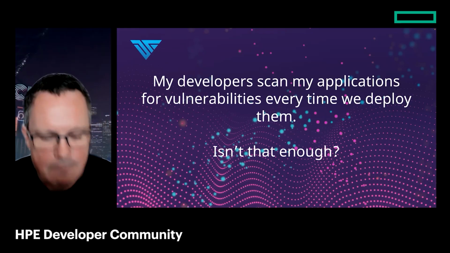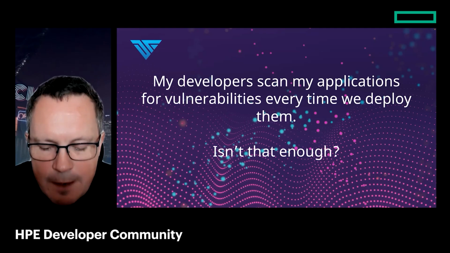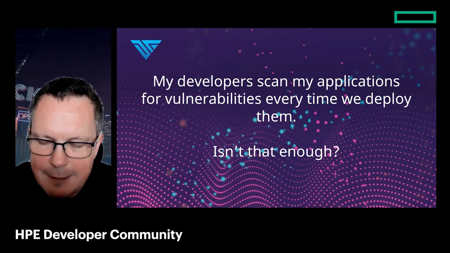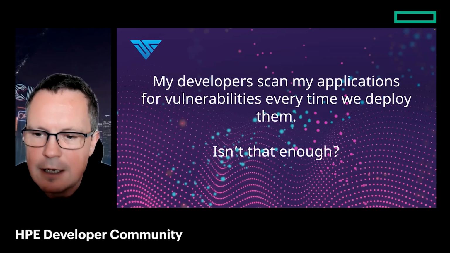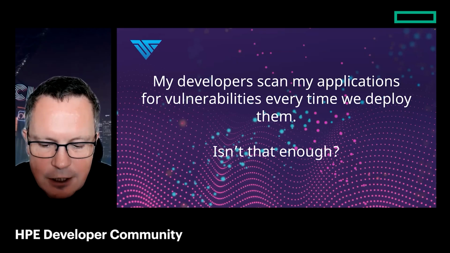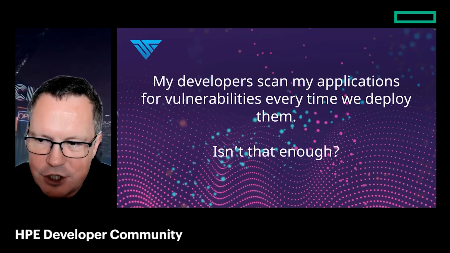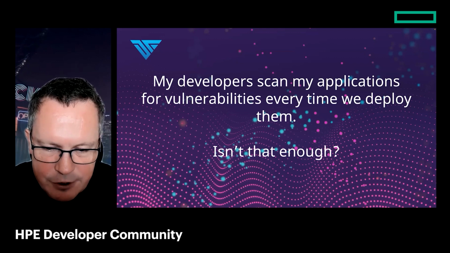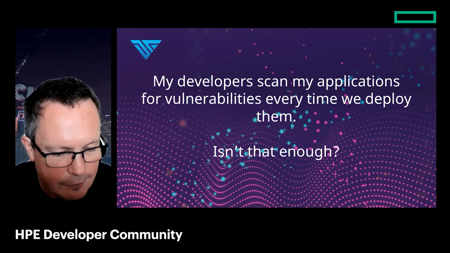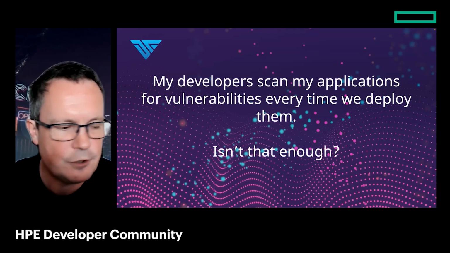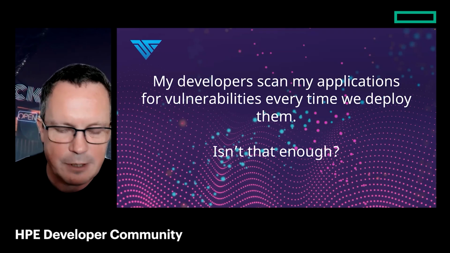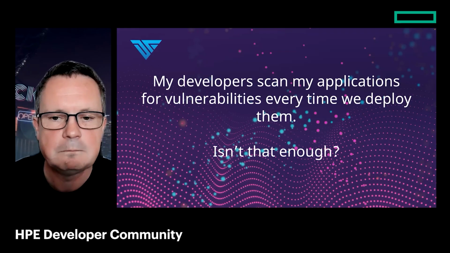So the first question that you may ask is, when I'm thinking about the threats that may be hidden within my application, my developers assure me that they use tools like Clair or Snyk in order to scan applications for vulnerabilities as they're built and before they're deployed. Is that enough to then identify and protect me against the risk of those vulnerabilities being exploited?